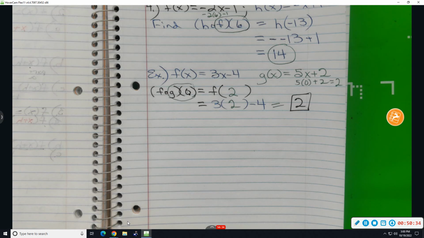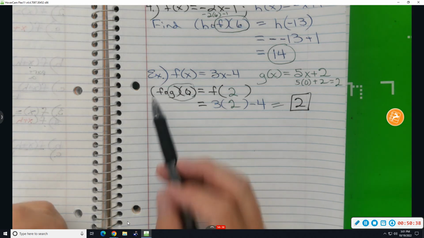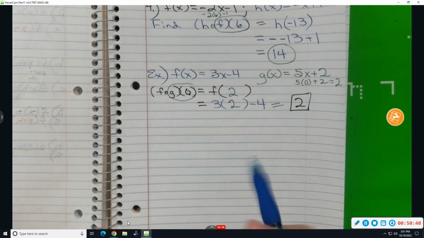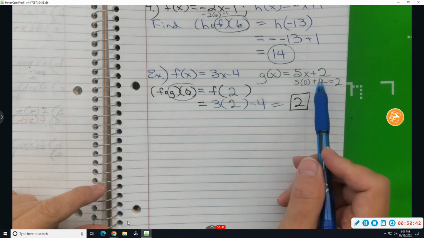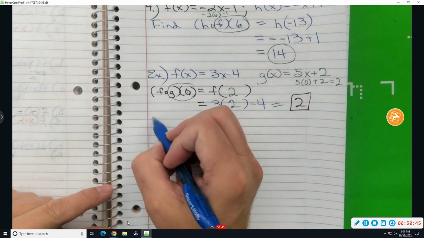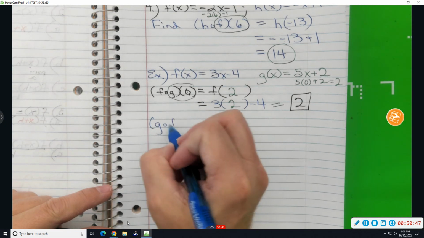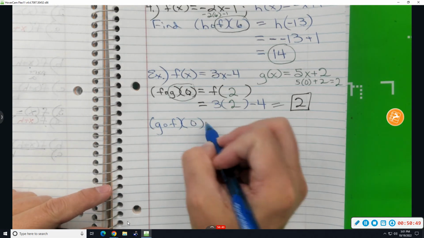Let's go in the opposite direction now. Let's find g composed with f. We're still using these two functions that I made up, okay? G composed with f at 0.